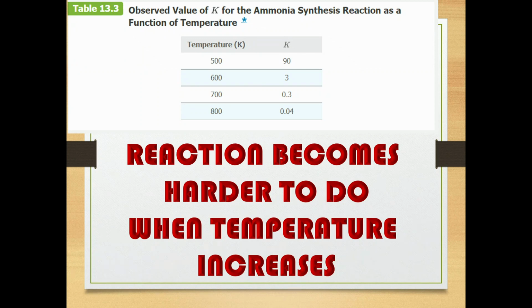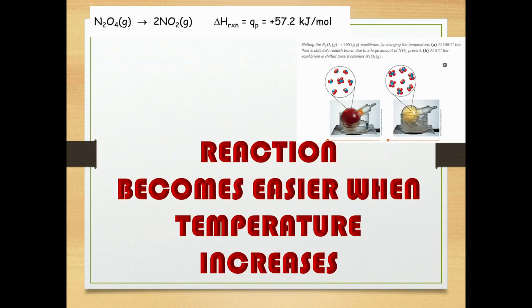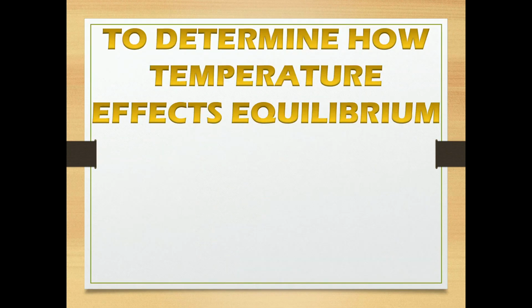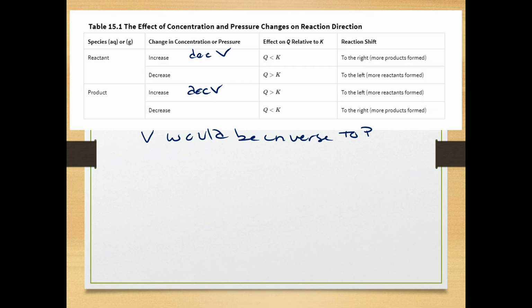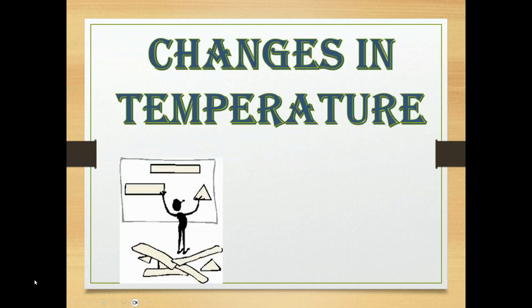So in this case, I've got that ammonia synthesis, which is endothermic at 500 degrees. My K is 90, which means I have a lot of... where's my, I thought I had the ammonia synthesis here.